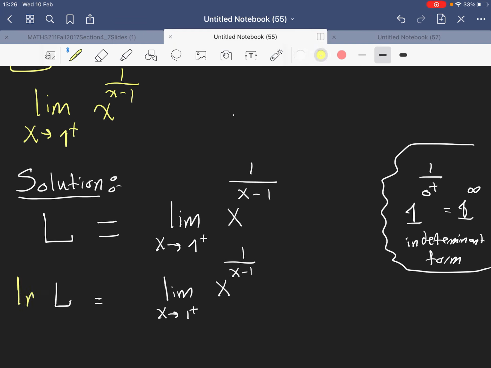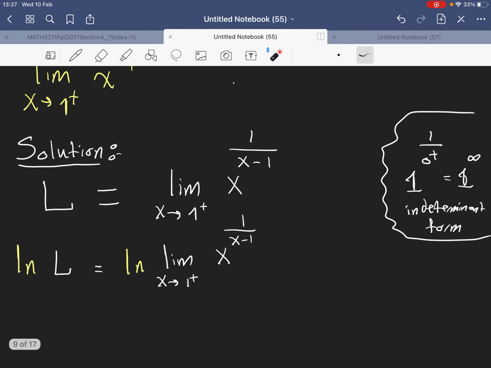That's the second step. The third step, the ln and the limit, I will switch them. I can switch them as long as this limit exists. The function is continuous, so you can take the ln inside.